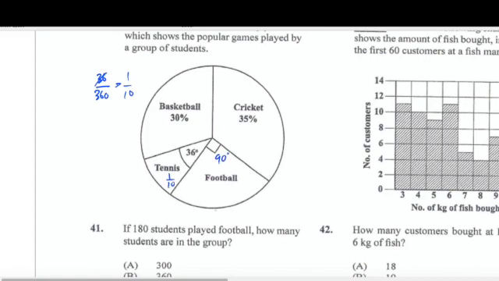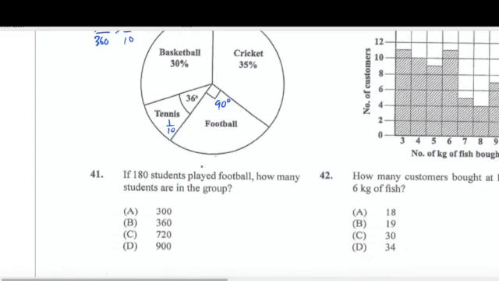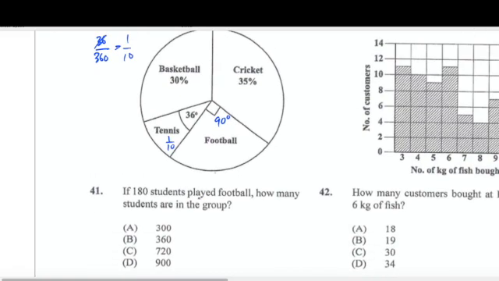Football, I can see this is 90 degrees, right? So if 180 students played football, so I have 180 students in here, right? How many students are in the full group? Well, interesting, because I could see here that 90 degrees is pretty much give me 180 students.